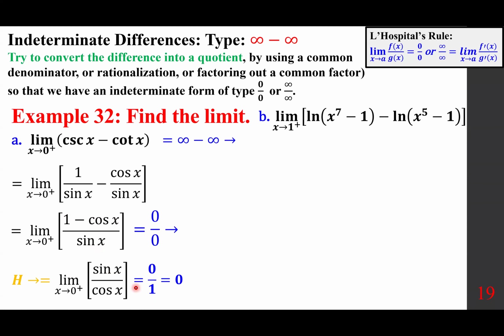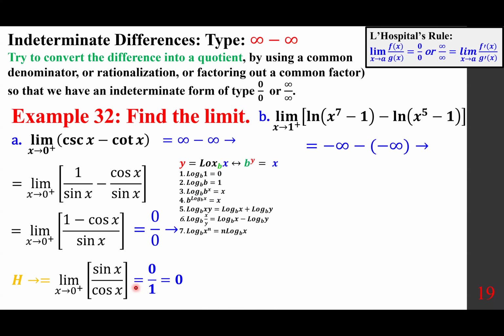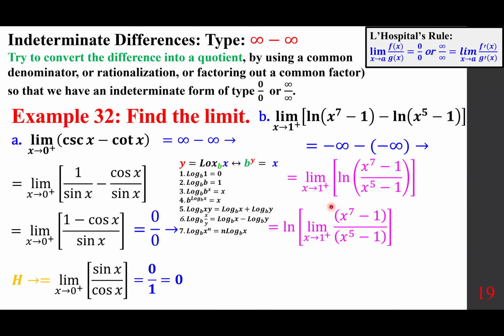What about this one? If you plug in, you get minus infinity minus negative infinity, or infinity minus infinity, an indeterminate form. So the technique is to use logarithm properties, and that would be the quotient rule. If we look at number 6, we can go from left to right or right to left. So we write it in this manner. We can interchange limit and natural log.